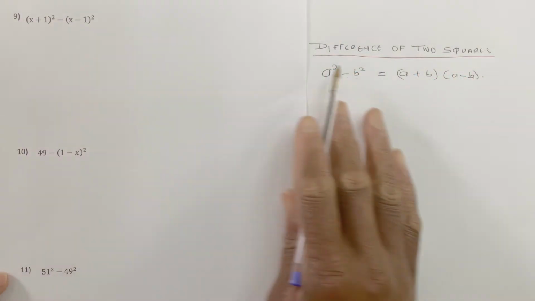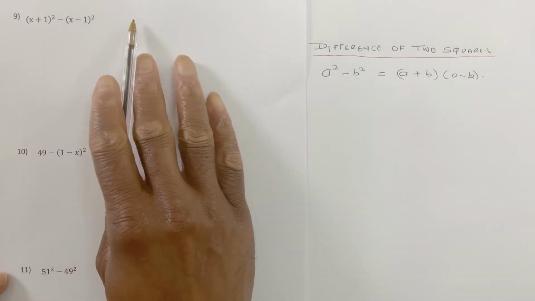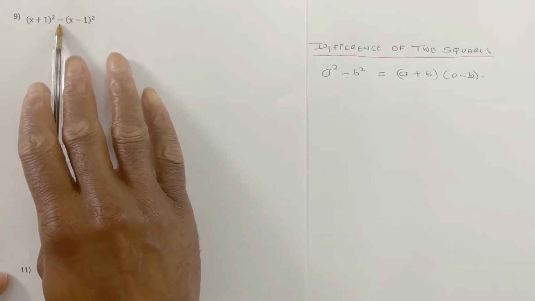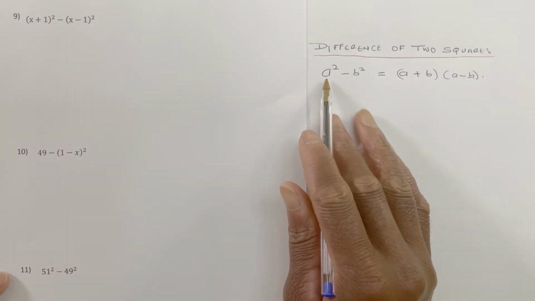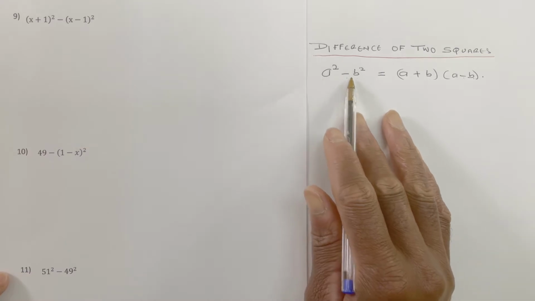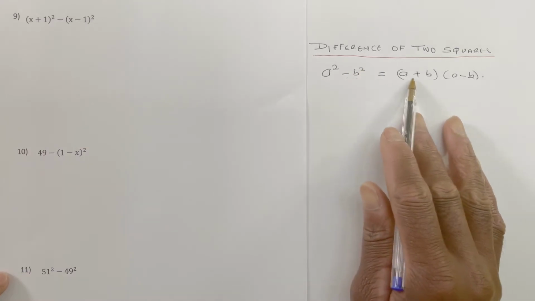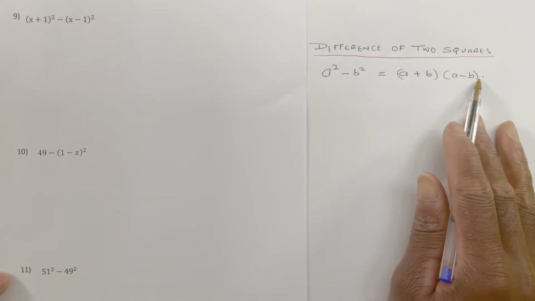Difference of two squares. You can see the difference of two squares here because I can see a squared minus another squared. The difference of two squares, a squared minus b squared, is going to be a plus b times a minus b.